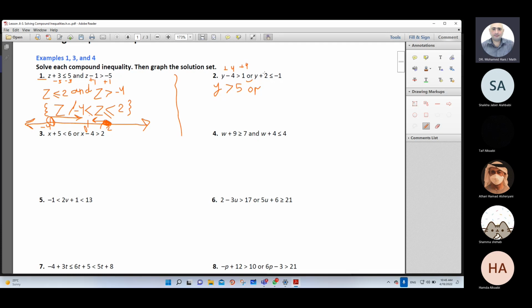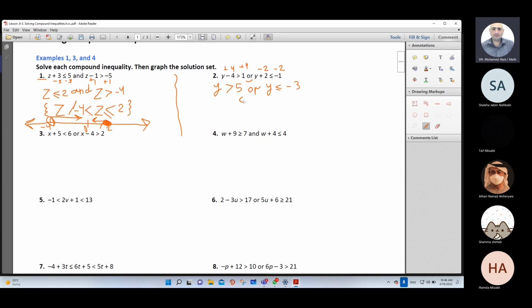To solve this inequality, try to remove 2 to keep the variable alone here. How to remove 2? Add the inverse, minus 2, to the two sides. So 2 minus 2 will be 0. It means here y less than or equal to negative 1 plus negative 2, which will be negative 3.